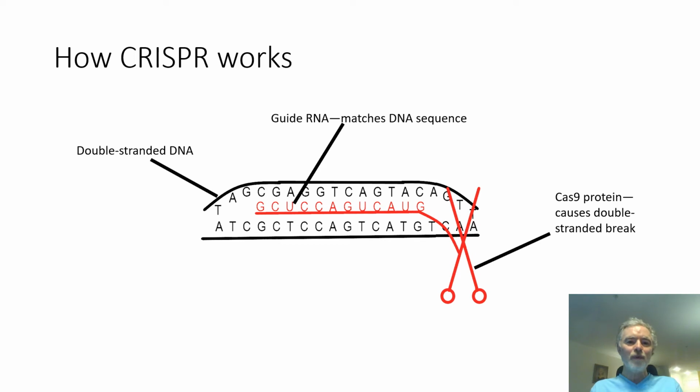And when you have a break, most of the time it won't correctly repair itself to the way that it was before. So CRISPR is a way of recognizing a particular DNA sequence in bacteria fighting off viruses.